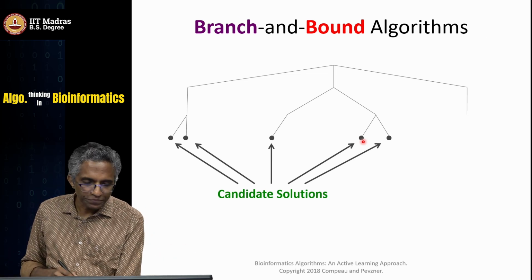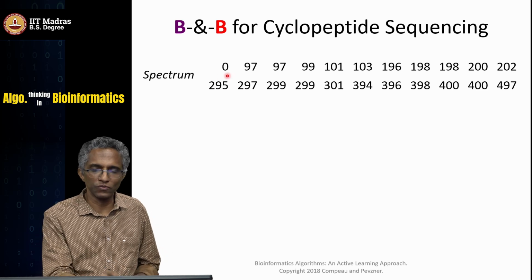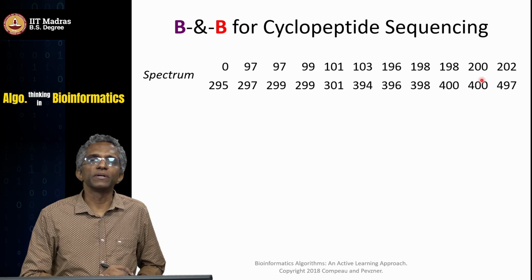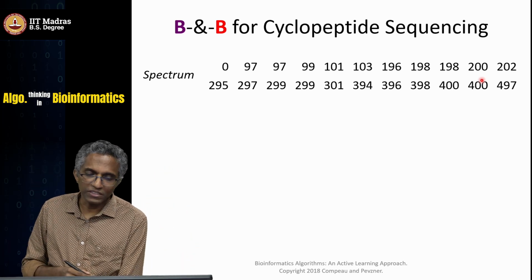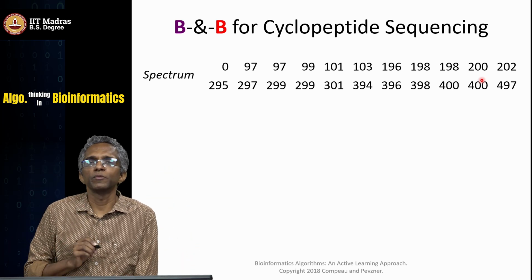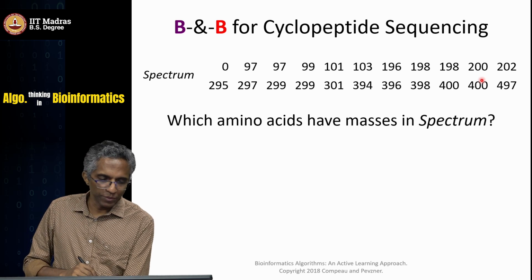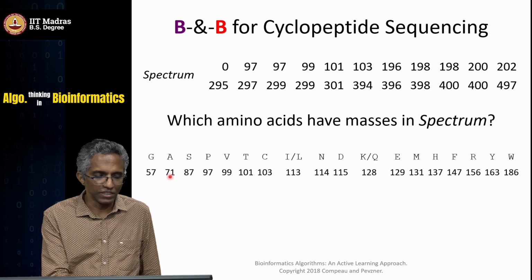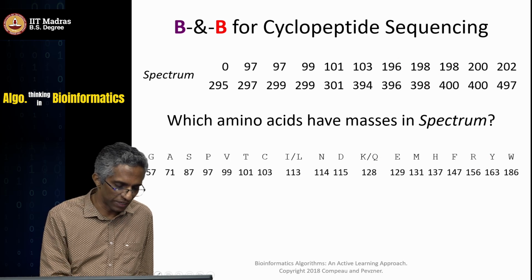Okay. What does it look like for this particular example that we have? This is our full spectrum, which is the masses of all substrings of some unknown peptide, and then we can start with the smallest possible peptide, which is a single amino acid. So, you can compare it with all the amino acids that we have. These are the amino acids and their masses, and we can look at which ones are matching here.